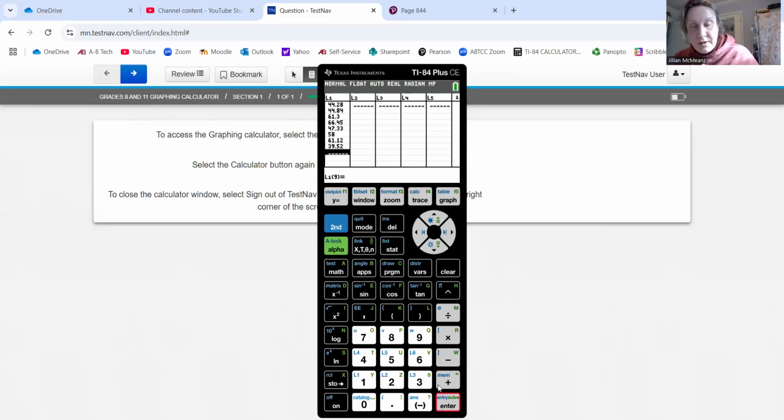I'm going to double check really quick, make sure I got my x's correct. 44.28, 44.84, 61.3, 66.45, 47.33, 58, 61.12, 39.52. I think my x's are good, so I'm going to hit the right arrow.